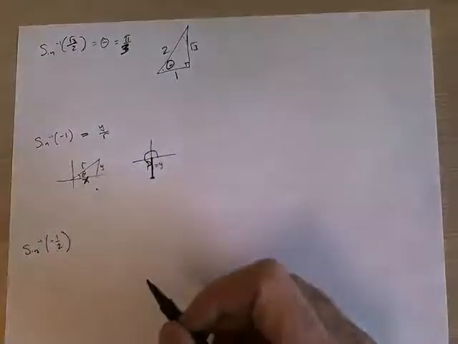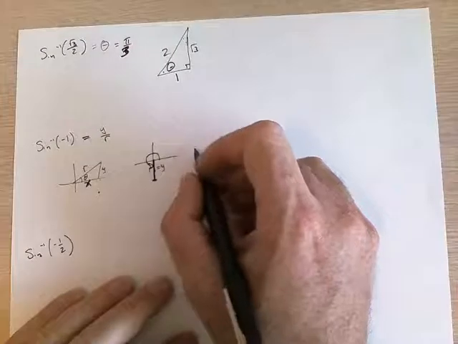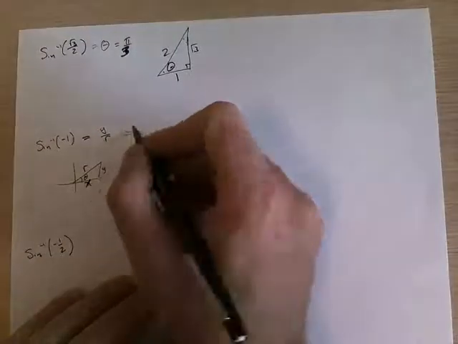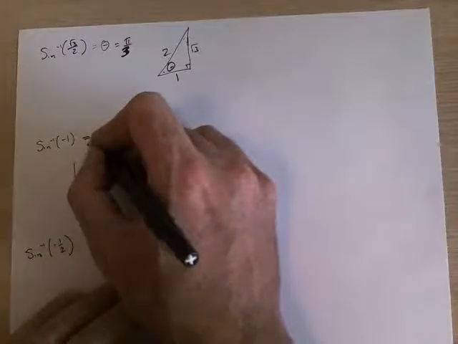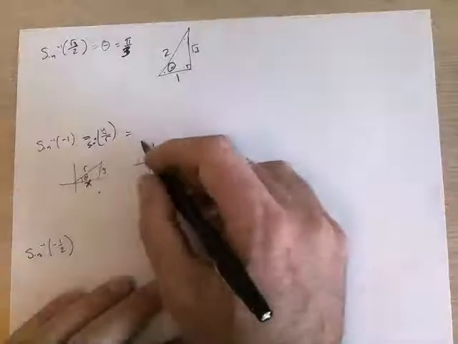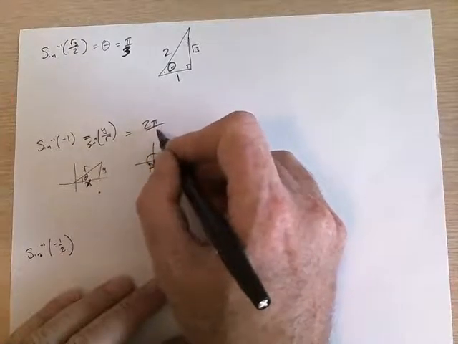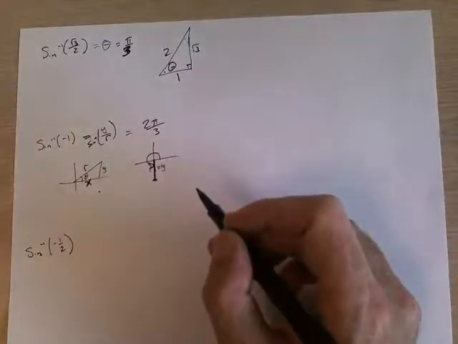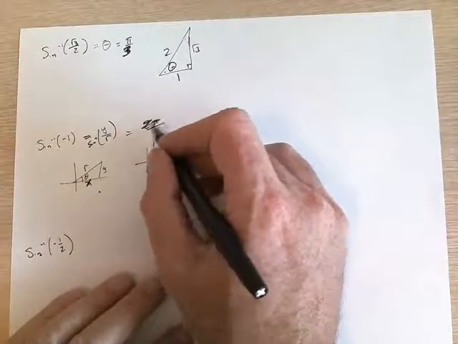I'm talking about the angle that goes 3/4 of the way around a circle. Well, that would be 3/4 of 2 pi. This is sine inverse of y over r. 3/4 of 2 pi would be 2 pi divided by, no, it would not be 2 pi divided by 3.